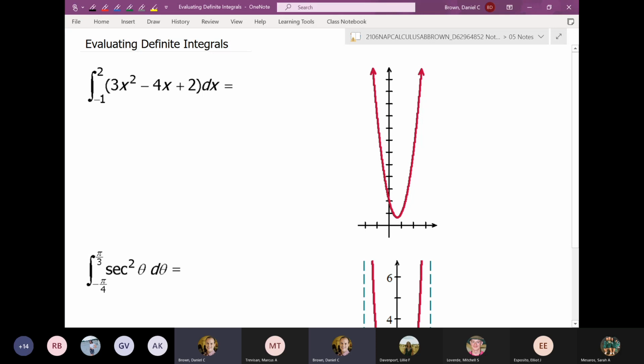What this means mathematically is we want to find the area starting at -1, ending at +2. When we're looking at a problem like this, we don't have a geometric shape that is equal to this. This is clearly not a regular geometric shape. We can't just easily divide this up into rectangles. We can approximate it, but we want to talk about how we can find the exact area.